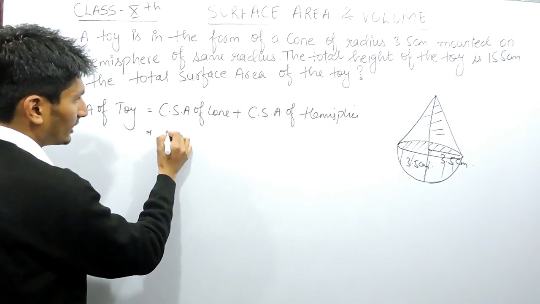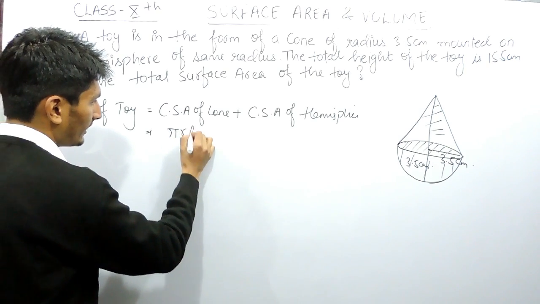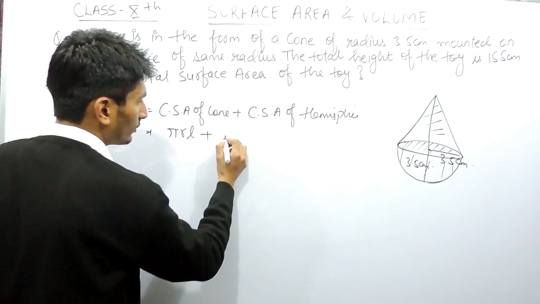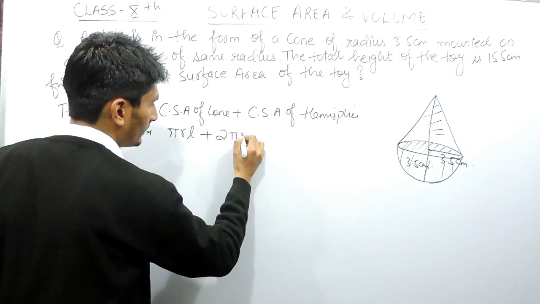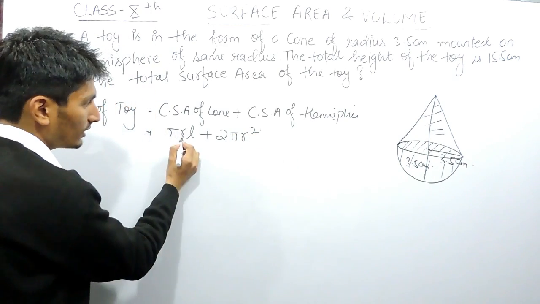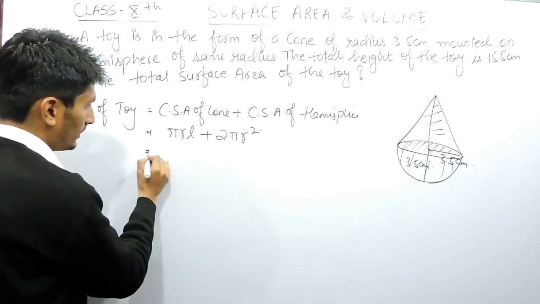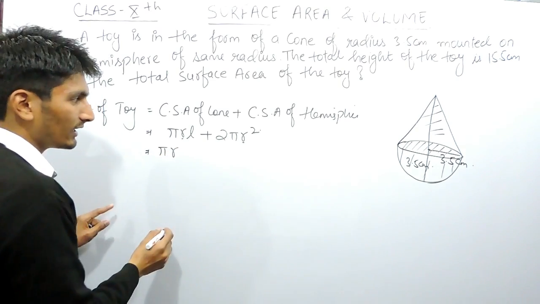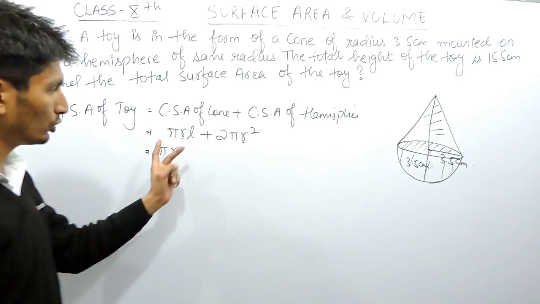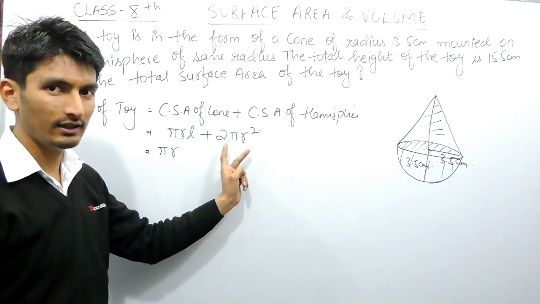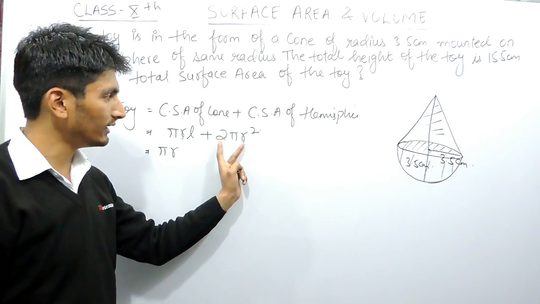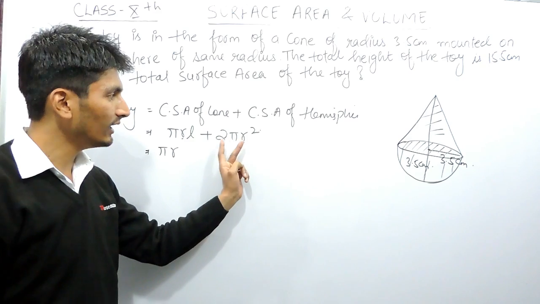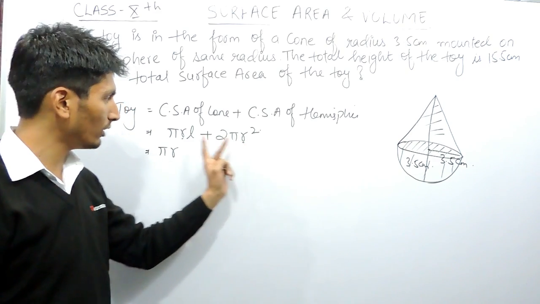The curved surface area of a cone is pi r L and the curved surface area of the hemisphere is 2 pi r square. And because the r are the same, now pi and r can be taken common. One thing is important: don't solve these two separately. In that case, you will be solving r two times, here also and here also.